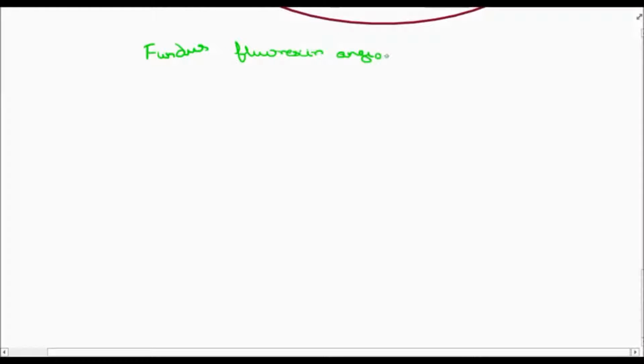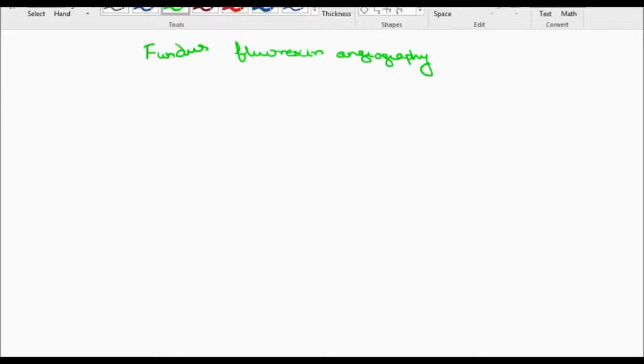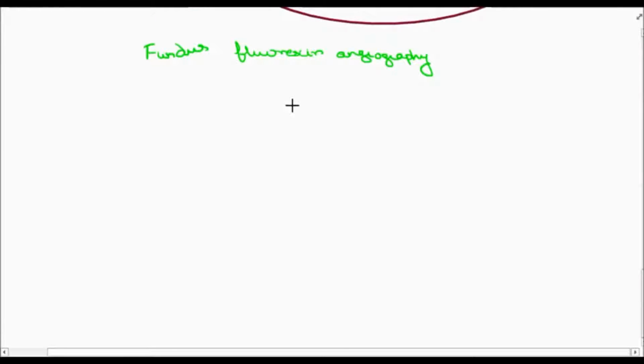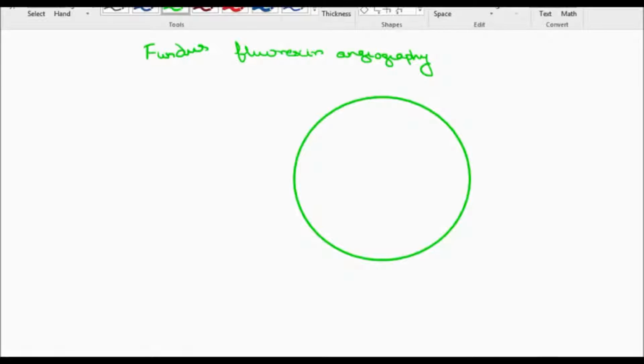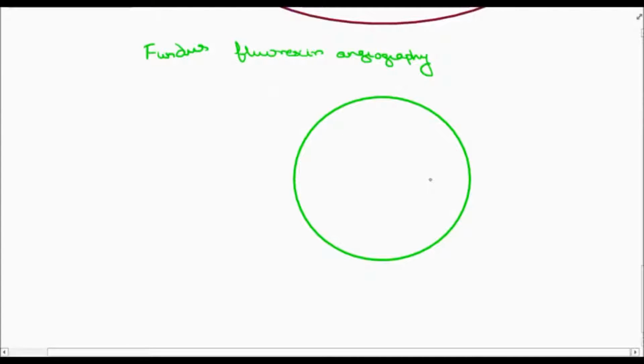Now, in fundus fluorescein angiography, we can easily make out whether it's a microaneurysm or not. In fundus fluorescein angiography, the microaneurysms are seen as tiny dots, and they are usually seen in the early phase. So I'll draw it.